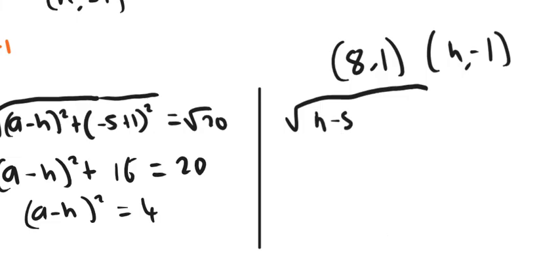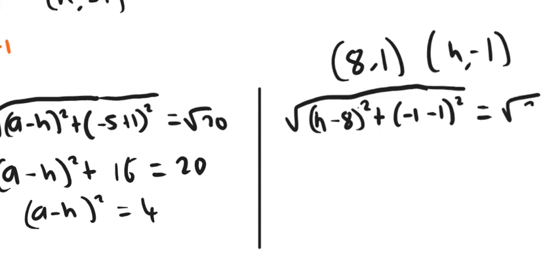So h minus 8 squared plus minus 1 minus 1 squared is equal to root 20.